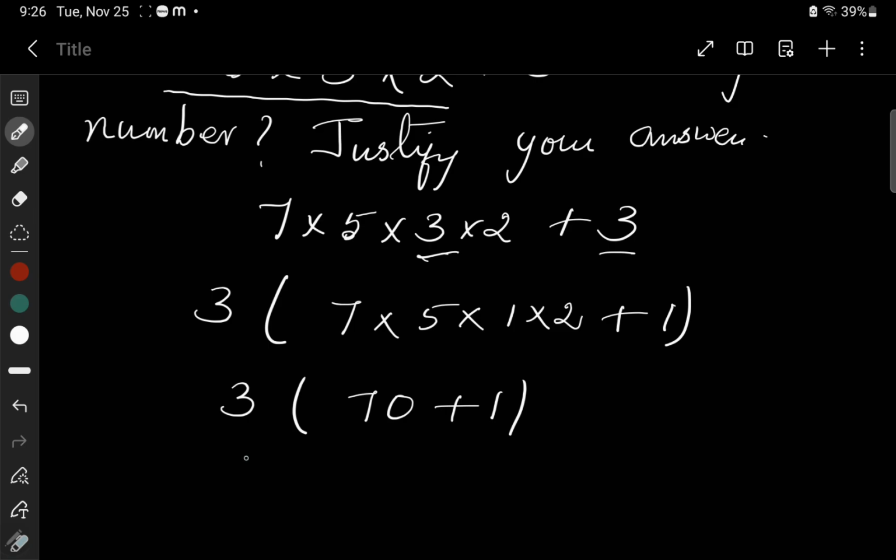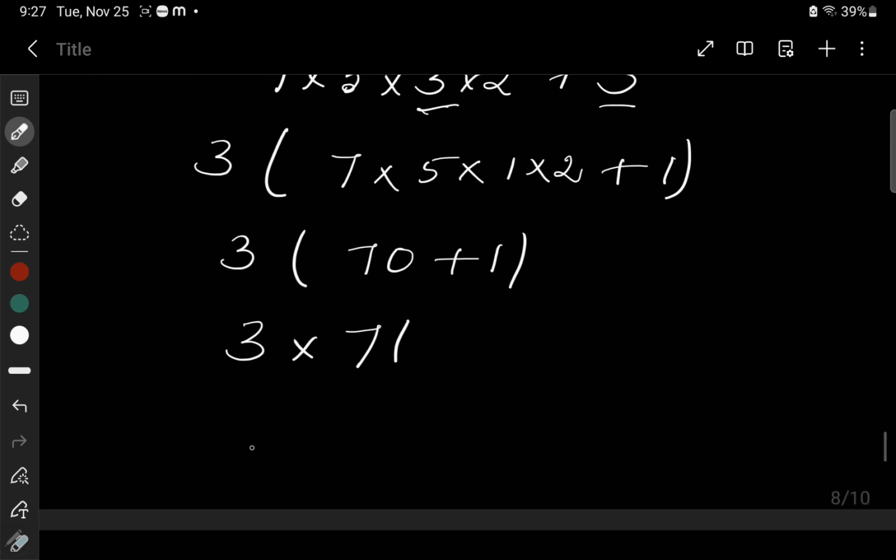So 3 into 71. See here both the numbers are prime numbers, 3 and also 71 is a prime number.